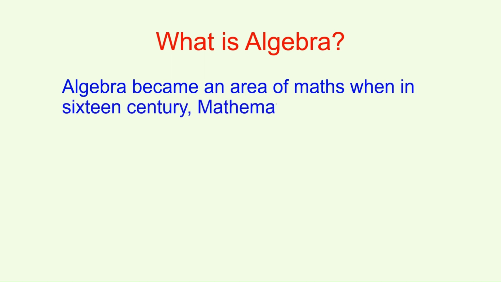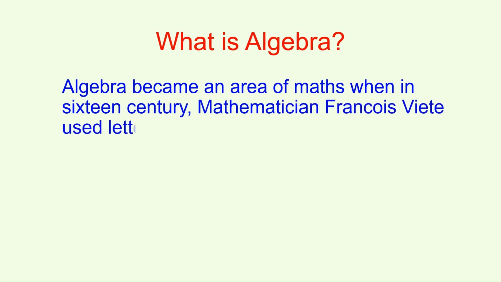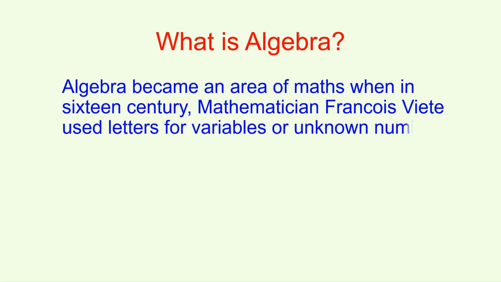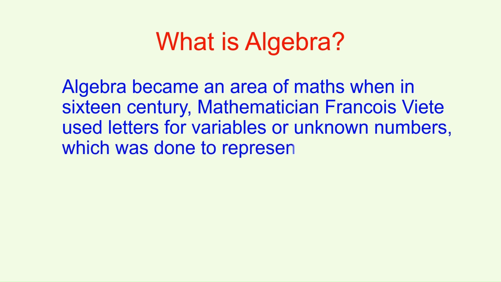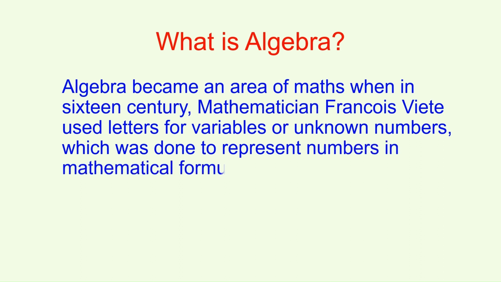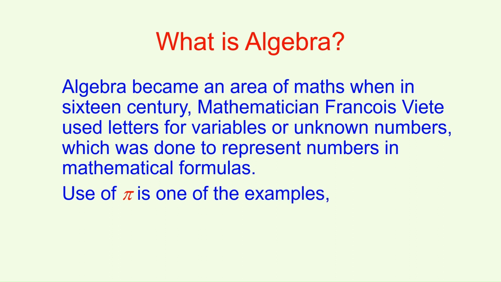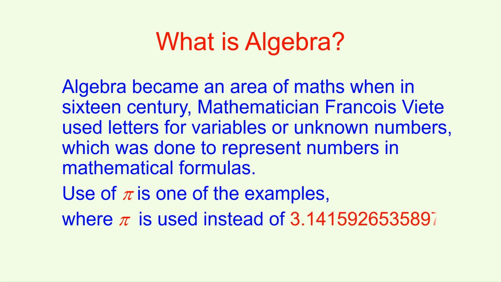Algebra became an area of maths when in the 16th century, mathematician François Viète used letters for variables or unknown numbers, which was done to represent numbers in mathematical formulas. Use of pi is one of the examples, where the Greek letter pi is used instead of 3.141592653589793.